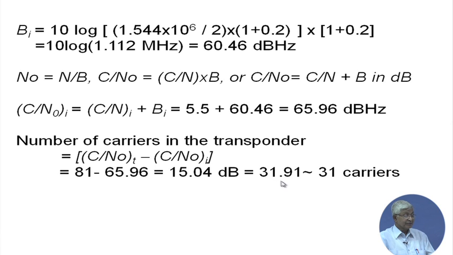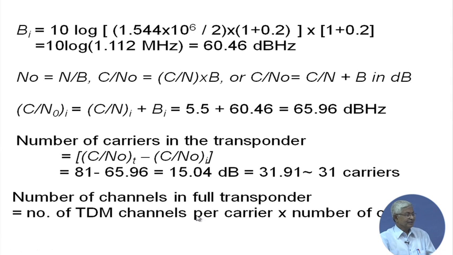We cannot make it 32, because that will violate the total C/N0. So, you have to transmit 31 carriers. So, you will have some extra bandwidth available, that is the advantage. Again, if you do the calculation, your efficiency will be different, and maybe that extra carrier space, the 0.91, can be distributed in terms of guard band or in terms of slightly loose filters, whichever way. But here 31 carriers is the maximum possible in this particular case.